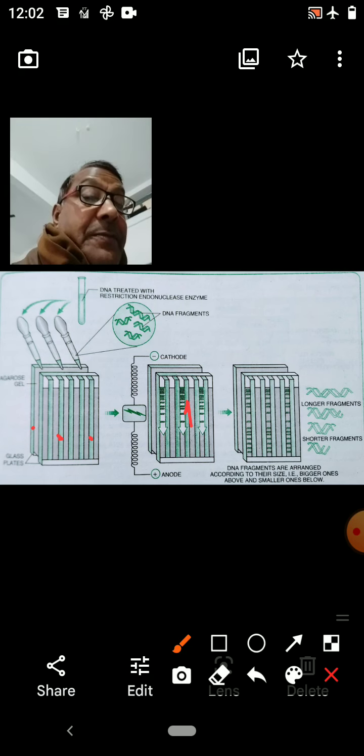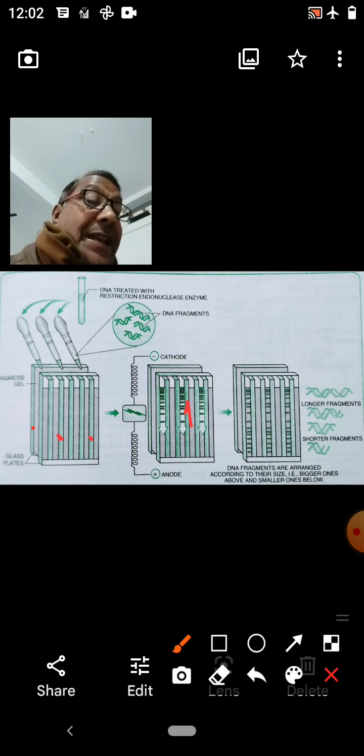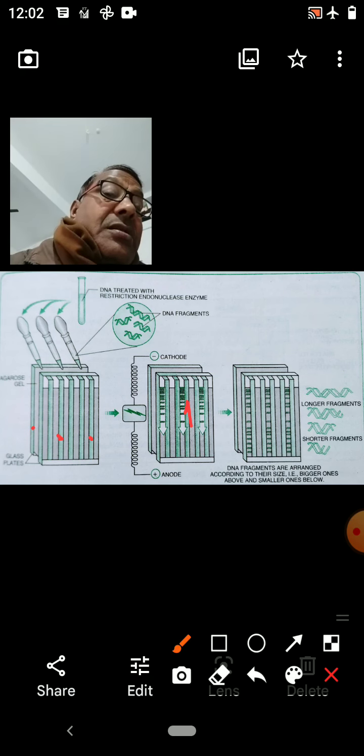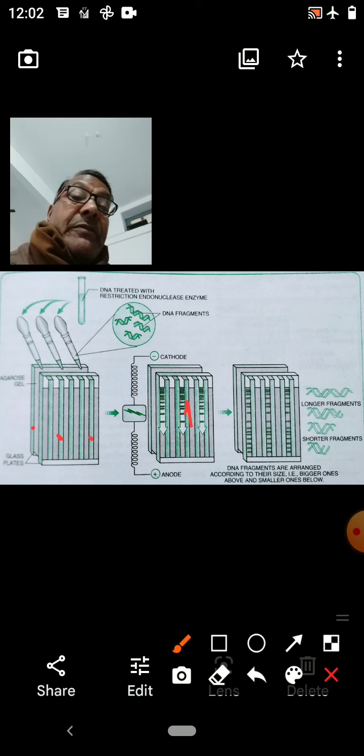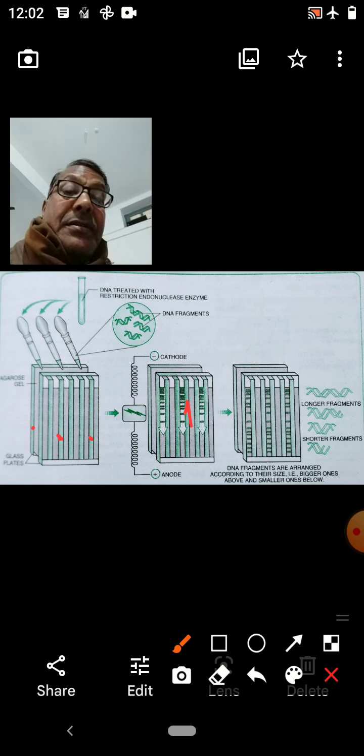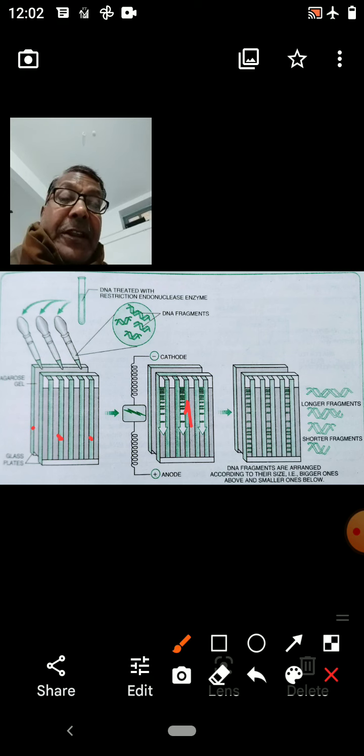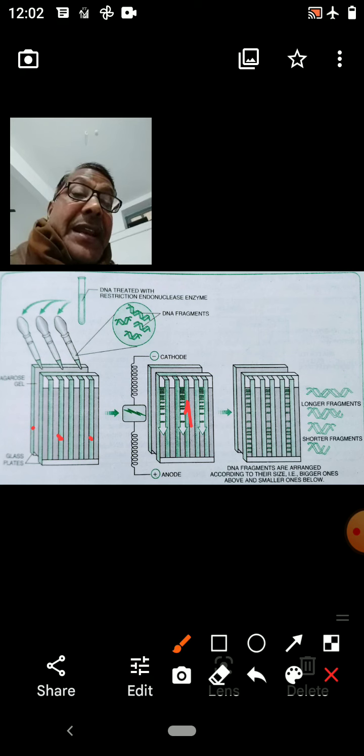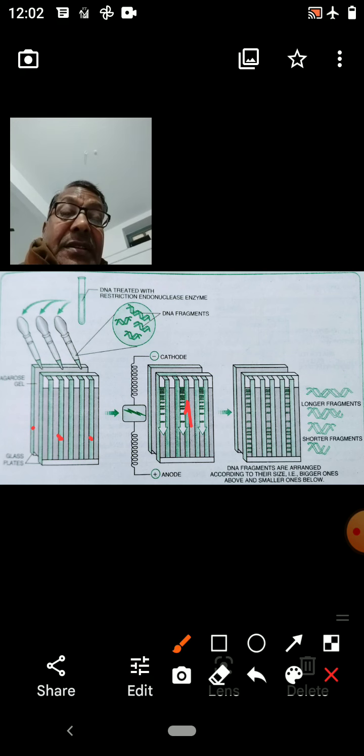So we observe the DNA which are larger or heavier fragments remain close to the site of loading, and the DNA fragments which are smaller or lighter move away from the loading site. So in this way we get the different bands of DNA.